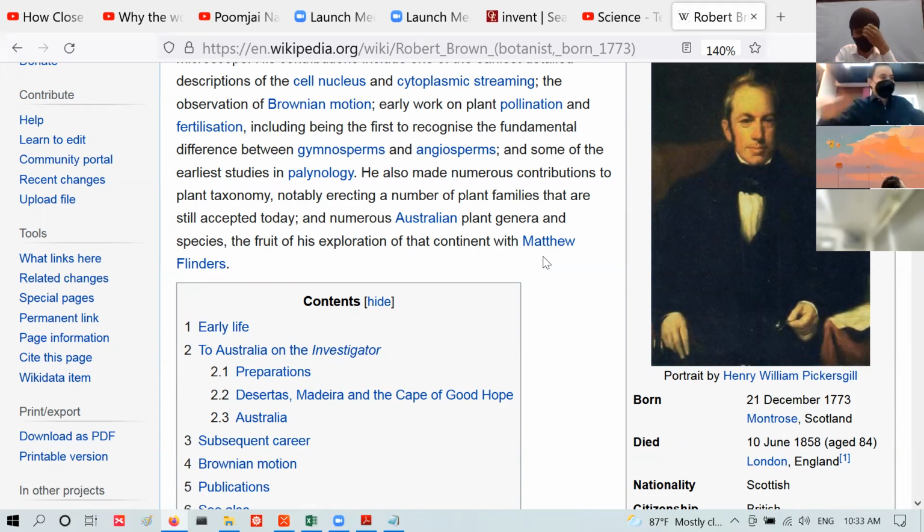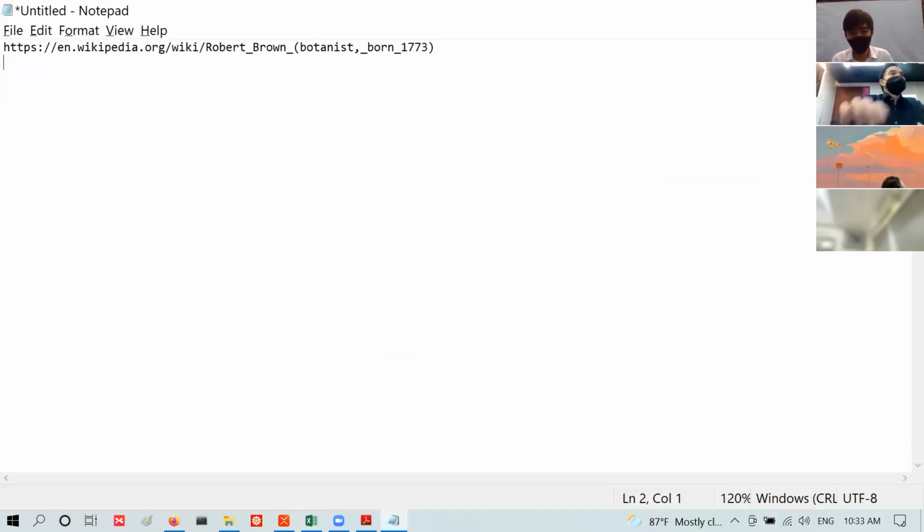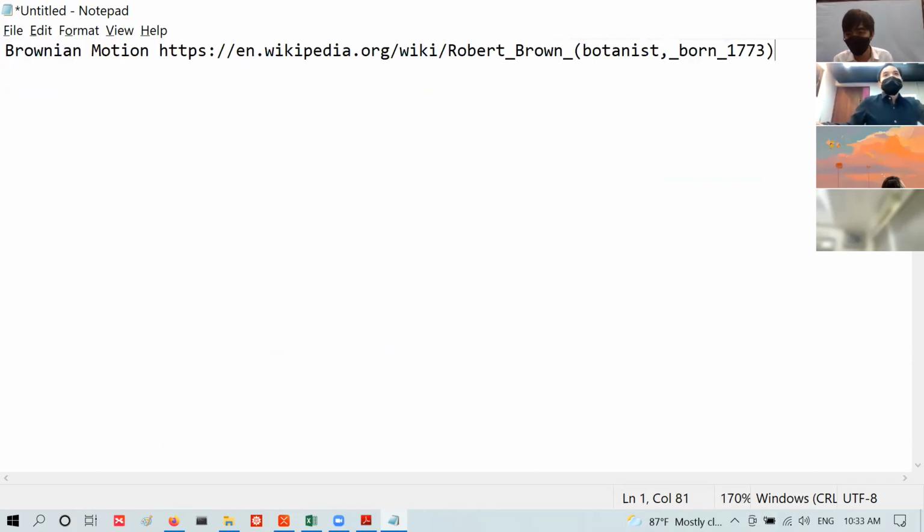Okay, so let's start with the story here. Brownian motion. So this is Brownian motion: pollen or particulate suspended in liquid water.